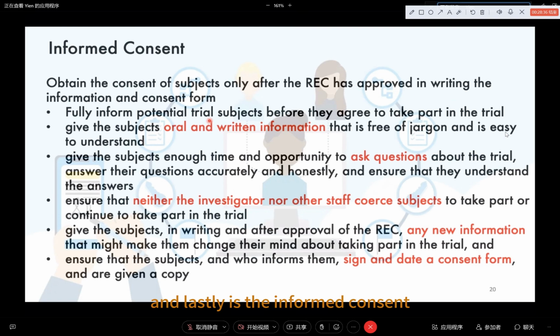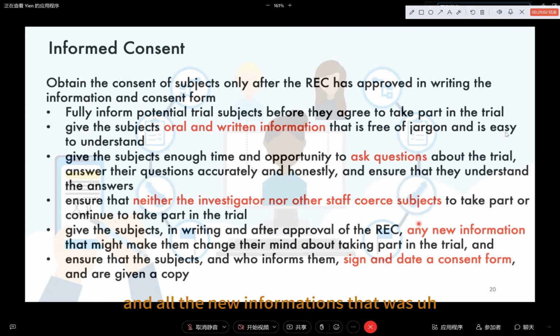And lastly is the informed consent. Informed consent for a phase 1 clinical trial requires oral and written information which are free of jargon, and they have to give the subjects the opportunity to ask questions about the trial. The subjects cannot be forced by the investigator or the staff to join or continue to join this trial.